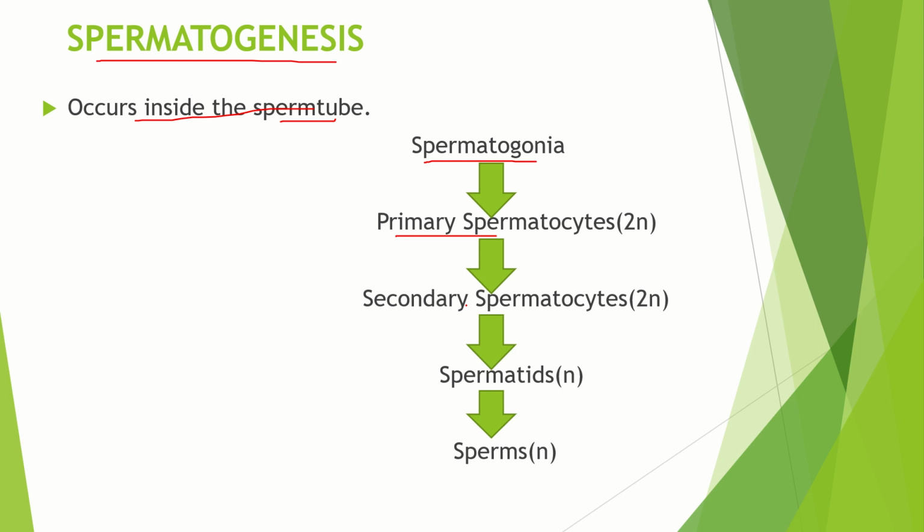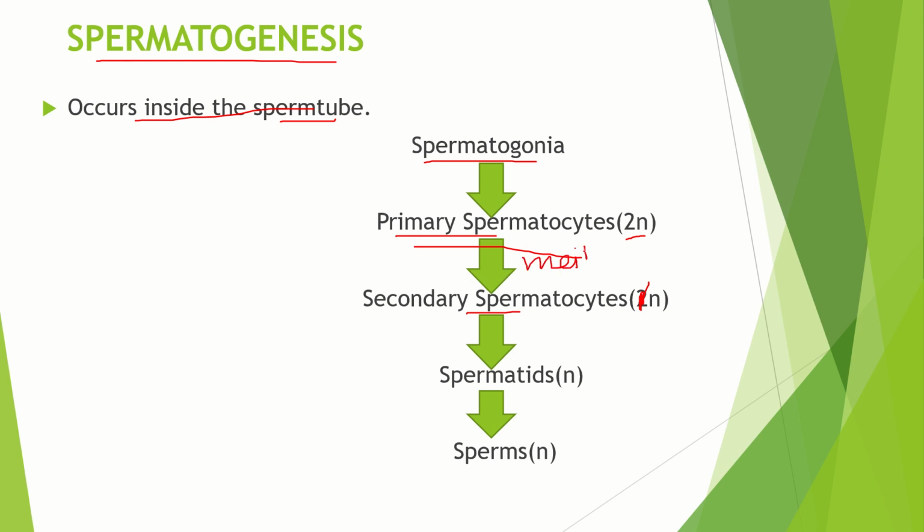From the secondary spermatocyte the spermatid is produced. The primary spermatocyte is 2N, and the production of N cells occurs through meiotic cell division.